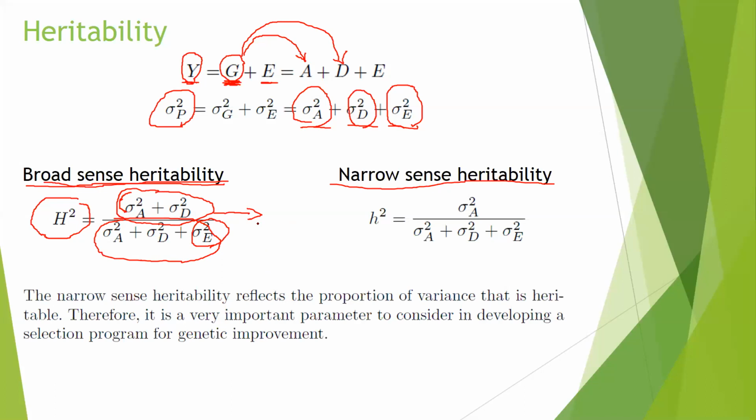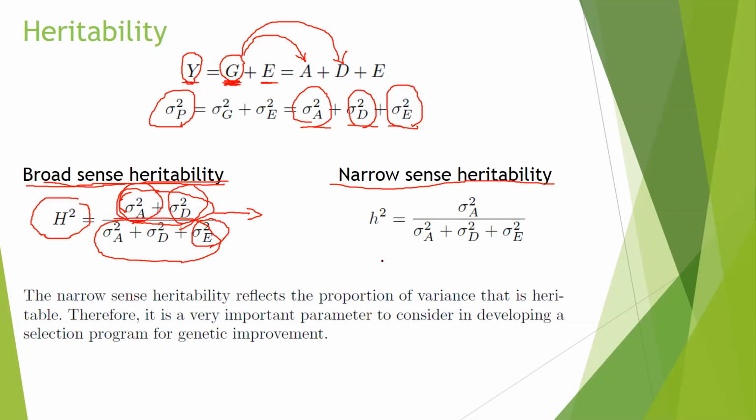But as I just mentioned, when we do the prediction for the next generation, we can usually do a good job on the breeding value, the additive part, but we cannot have good control on predicting the variability due to the dominance effect.